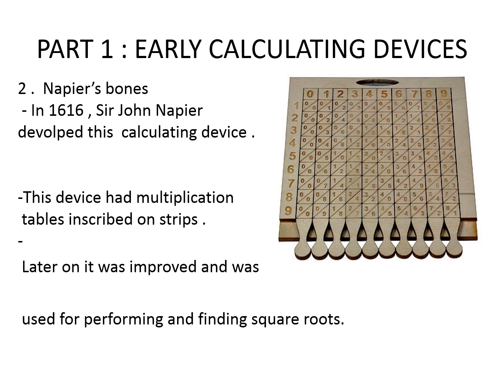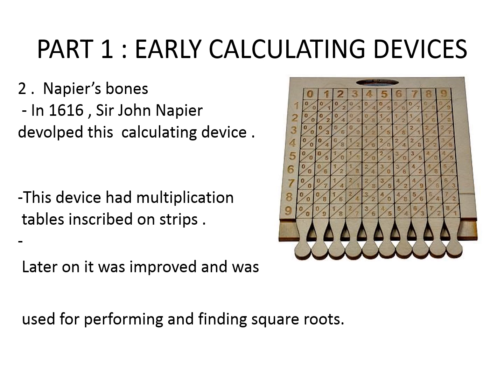Coming back to the point, this device was further improved and used for finding squares and square roots, since it had the multiplication tables inscribed on its wooden strips. So the second example that we have studied is the Napier-Bones calculating device.